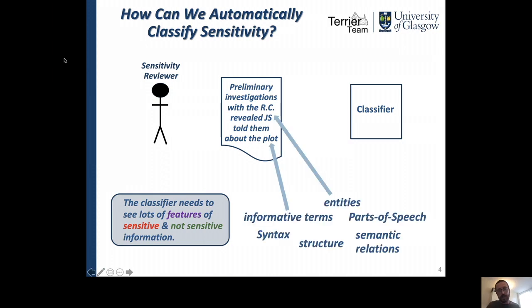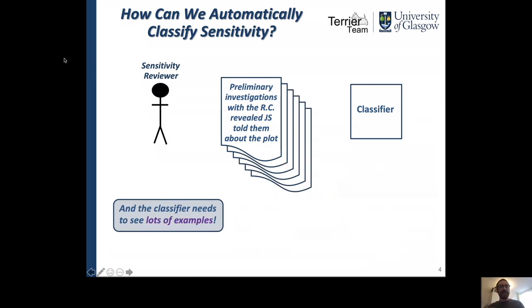What can those features be? They can be things like entities, as has just been mentioned. They can be parts of speech, informative terms, all different types of linguistic features. Most importantly, the classifier needs to see lots of examples, and that's where the problems come in: not having test collections, and how do you learn something that you've not previously seen?